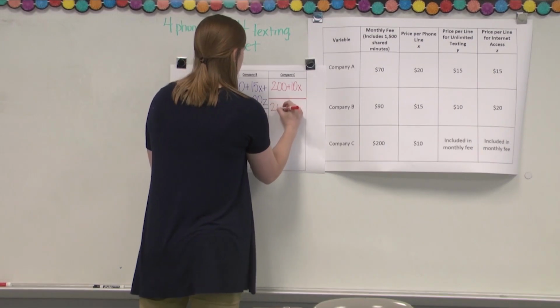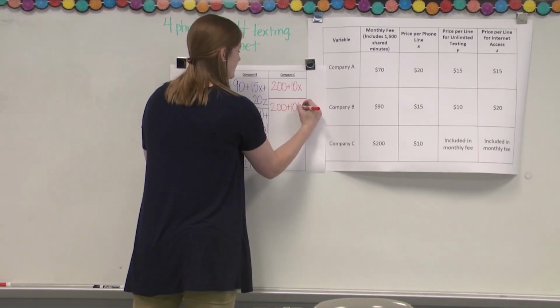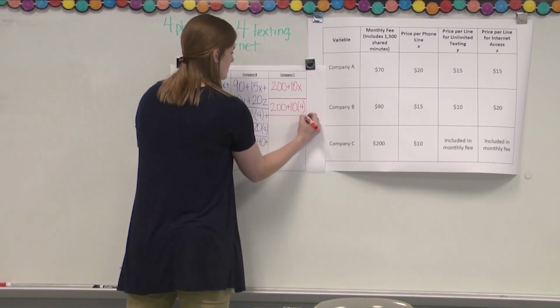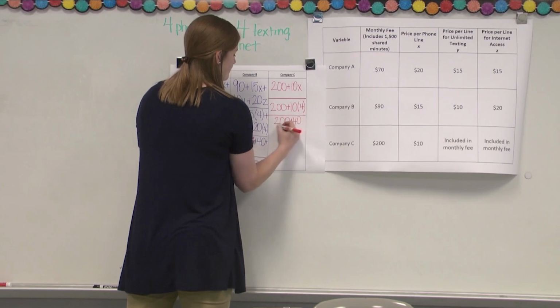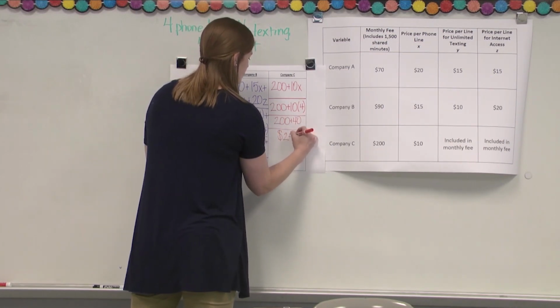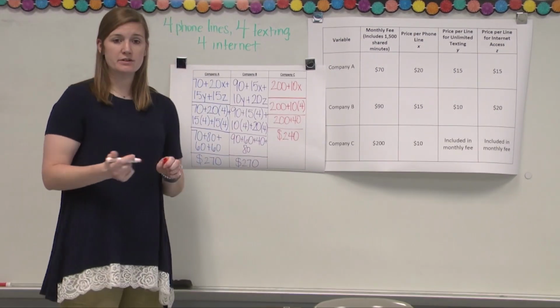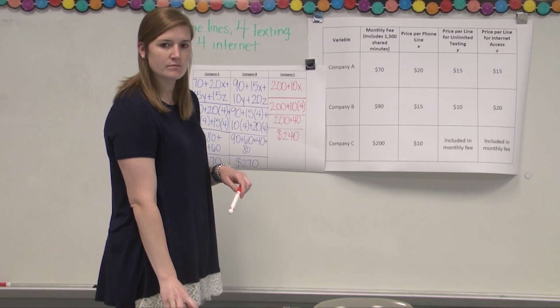So 200 for the 1,500 minutes plus $10 for every line. We do have 4 lines. Doing the math, that gives us 200 plus 40, which gives us $240. Okay, hope you got that one.